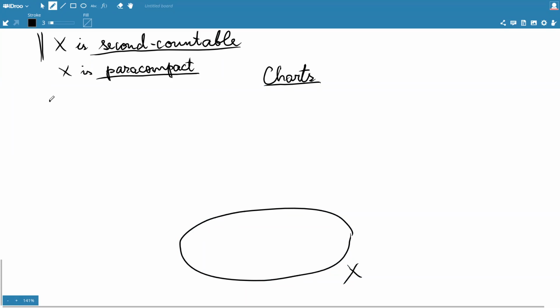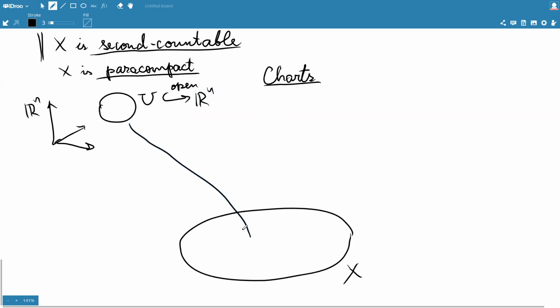By a local chart, or shortly by chart, we mean some open subset, say U in R^n, open, and a homeomorphism, let me denote it by phi, of U onto phi of U, an open subset in X.